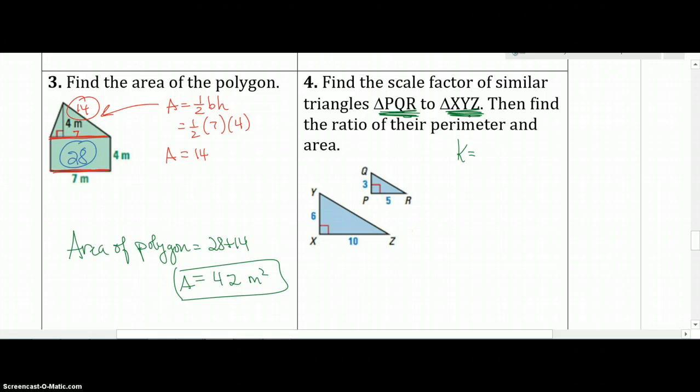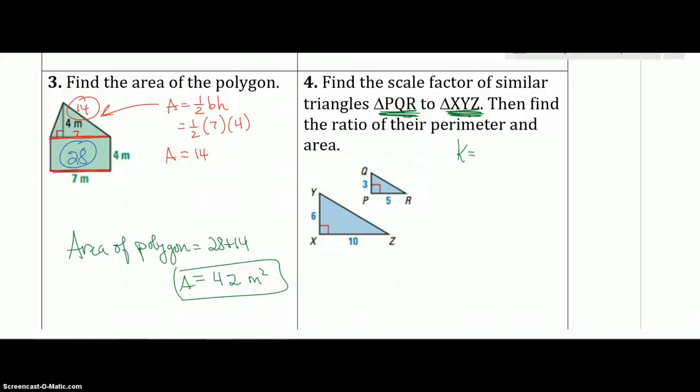How do we find the scale factor, or the ratio between the sides? You're thinking right, but we just want a ratio, because a proportion is 2 ratios set equal to each other. So we just want that one fraction.